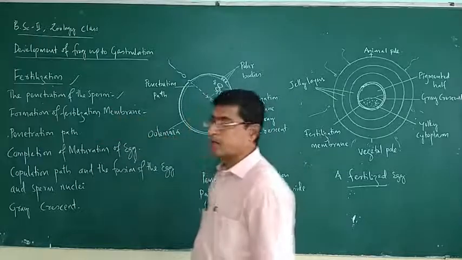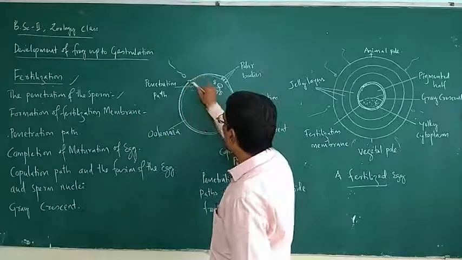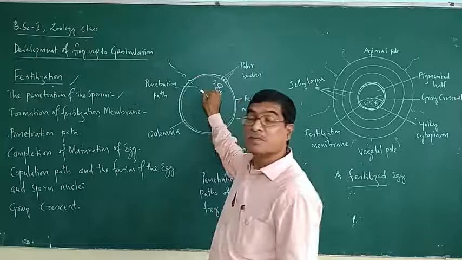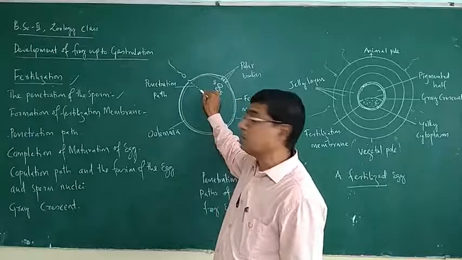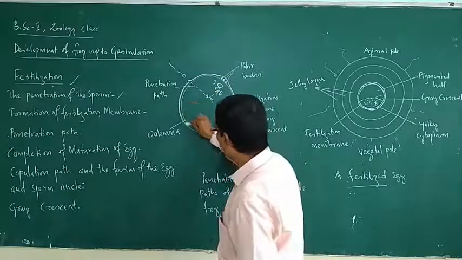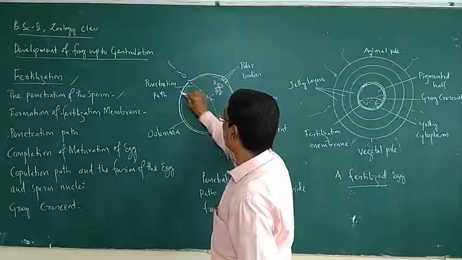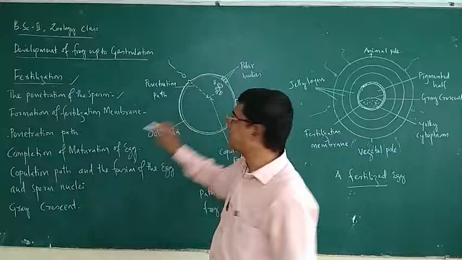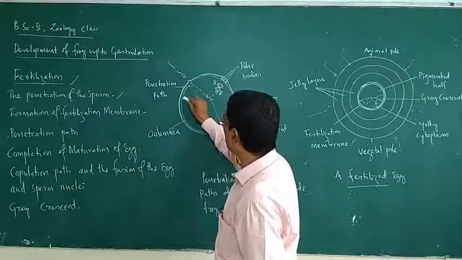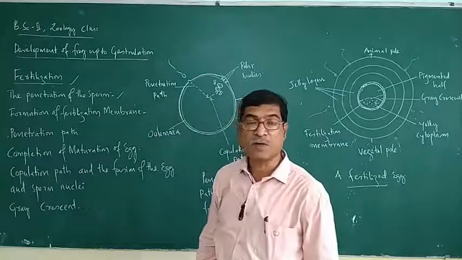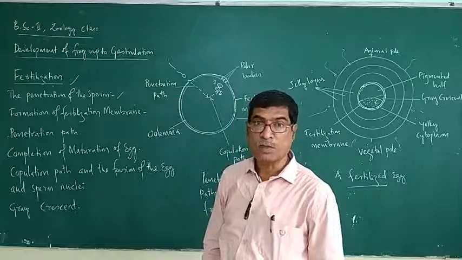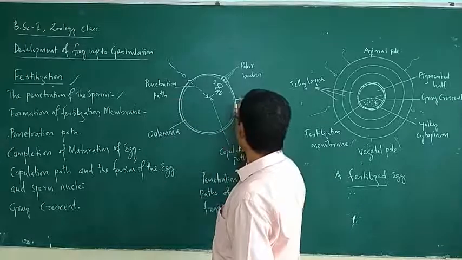Formation of fertilization membrane. Soon after the penetration of the sperm, what happens now? The Wittlein membrane is lifted above the surface of the ovum and it becomes thicker.